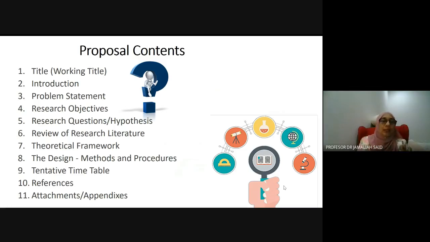After the title is the introduction, of course, then problem statement, research objective, research question, and if necessary, research hypothesis. Then you prepare the literature review, and after that, theoretical framework, then methodology of the study, and the rest are like your references. Appendix is also part of the proposal.